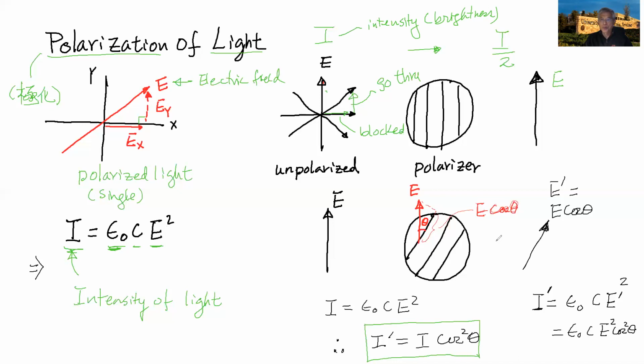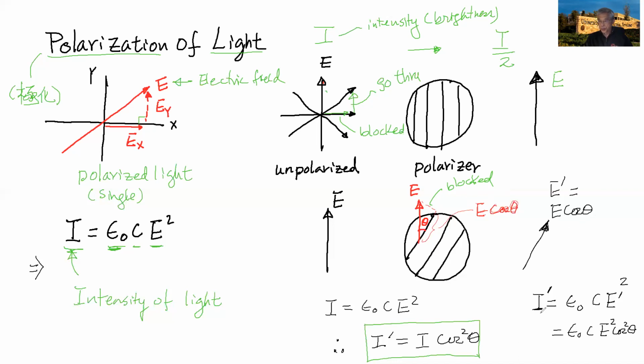Now if we consider a light with electric field going in this direction, and the polarizer is not aligned but at an angle theta like this, then you can decompose the E field into E cosine theta and E sine theta. The E sine theta will be blocked, so only the E cosine theta will go through. So we'll have E prime equal to E cosine theta.